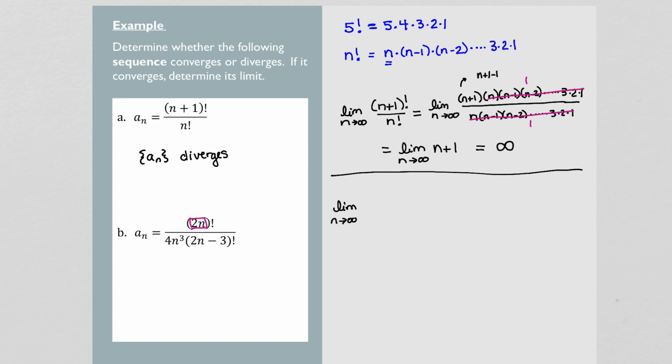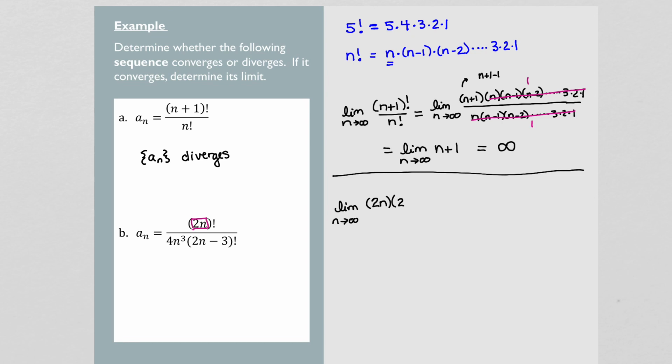But it follows the same rule. 2n factorial is 2n, and then multiplying by 1 less, 2n minus 1, then 2n minus 2, then 2n minus 3, then 2n minus 4. Are you with me here? We would continue all the way down to 3, 2, 1.